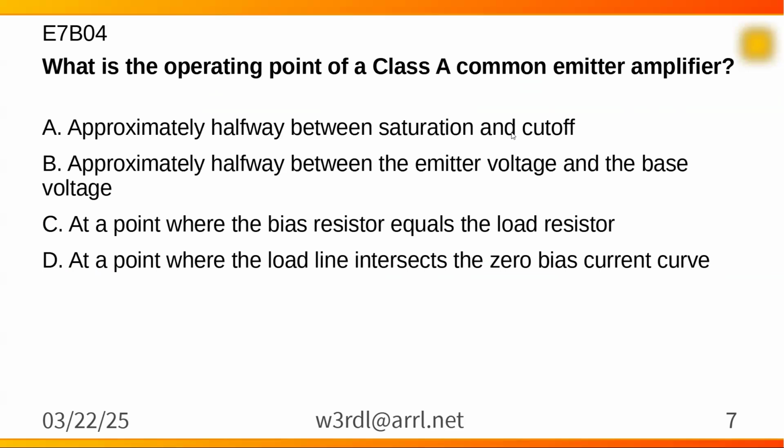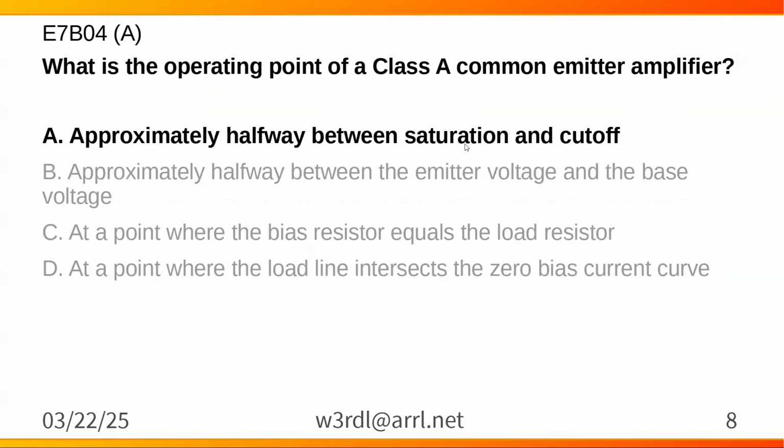This is not hard. Halfway. I know. Saturation and cutoff. Alpha, halfway between saturation and cutoff, to get the maximum swing. Now, if you wanted to do it for maximum linearity, you might shift it one way or the other, depending on the characteristic of the device, and maybe not do the full swing.